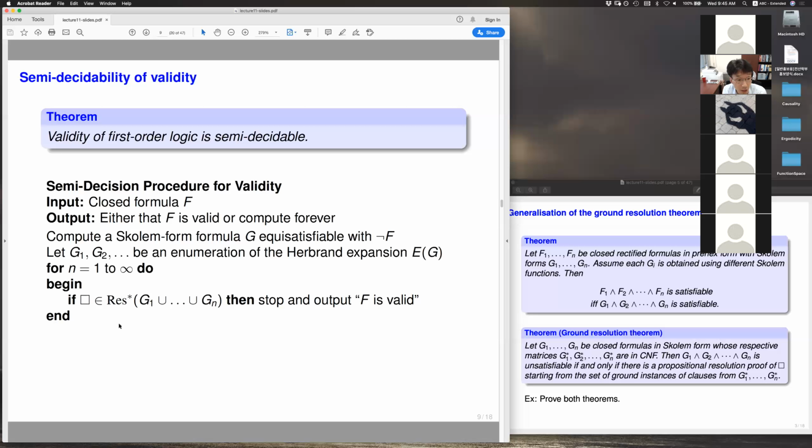This says the same thing as checking whether we can prove a contradiction using the resolution theorem prover for G1 up to Gn, which can be done algorithmically, because G1 to Gn are quantifier-free formulas. Essentially, they are propositional logic formulas.